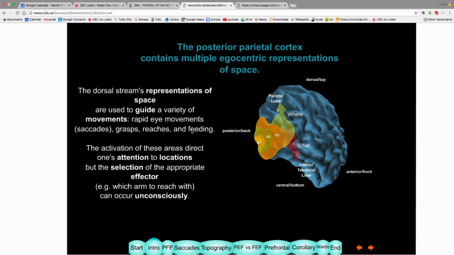And then feeding, which is a very important movement. And all these have different effectors, of which you're largely unconscious. When you're playing soccer, for example, you're going to hit the ball unconsciously with either your left hand, your right hand, your head, or your legs.